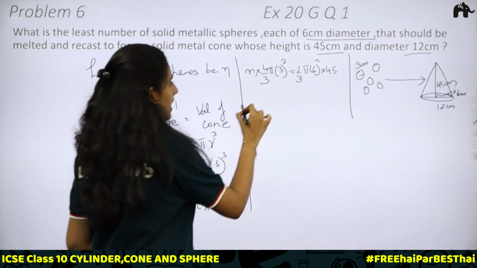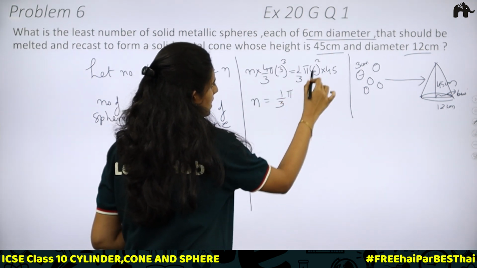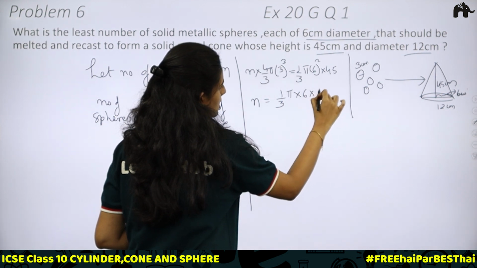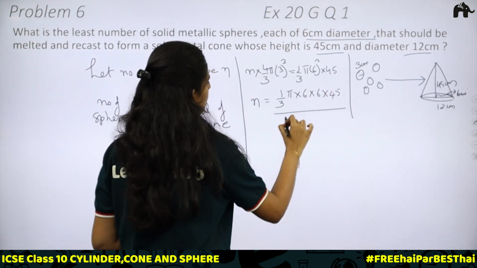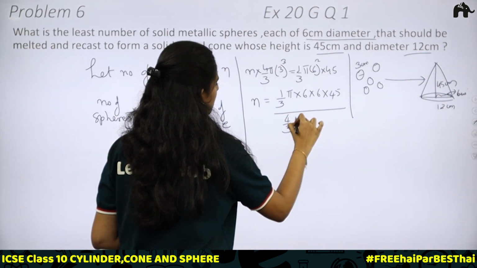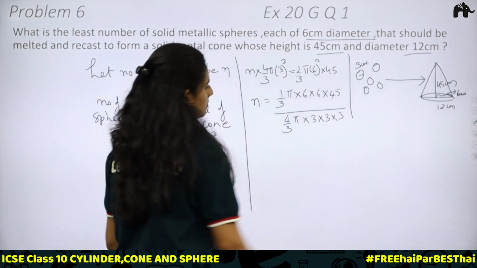Then what is n? N will be equal to 1 by 3 pi 6 square into 6 into 6 into 45 divided by 4 by 3 pi into 3 into 3 into 3.